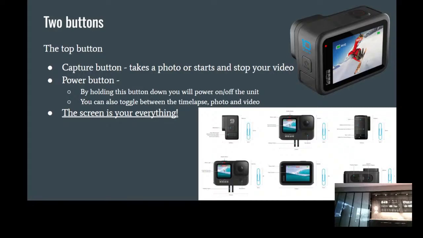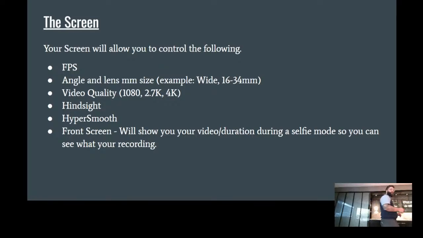The screen of this camera, of the GoPro, is the most important aspect of the camera. Without the screen, there isn't much that we can do. The screen is going to give us a whole bunch of different controls and options so we can customize our video experience, such as frames per second, or FPS, angle and lens millimeter size, the video quality, 1080, 2.7K, 4K video, hindsight, hyper smooth.